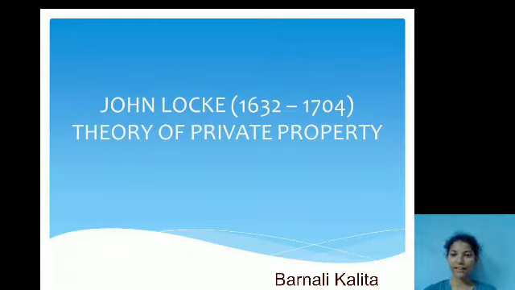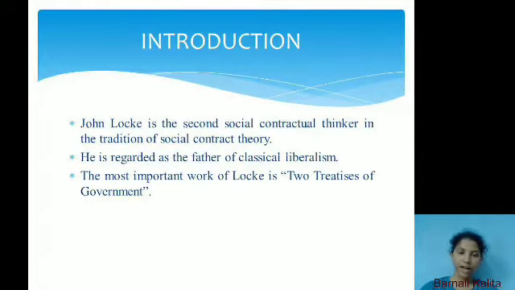This video has specifically dealt with the theory of private property of John Locke. As we all know, John Locke is the second social contractualist in the tradition of the social contract theory.